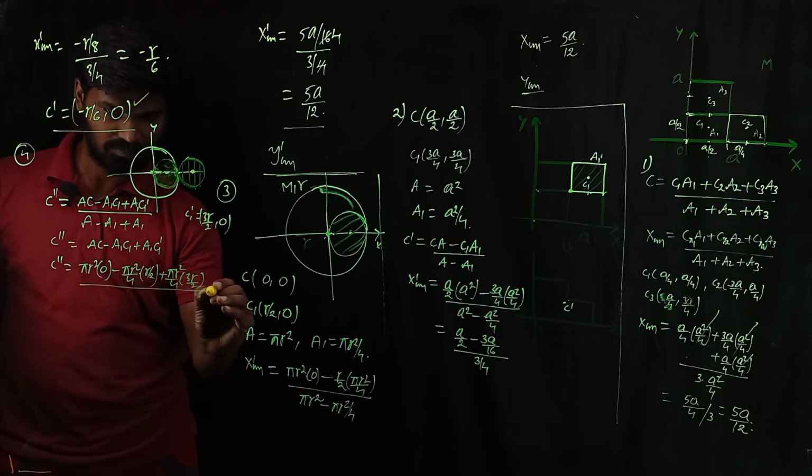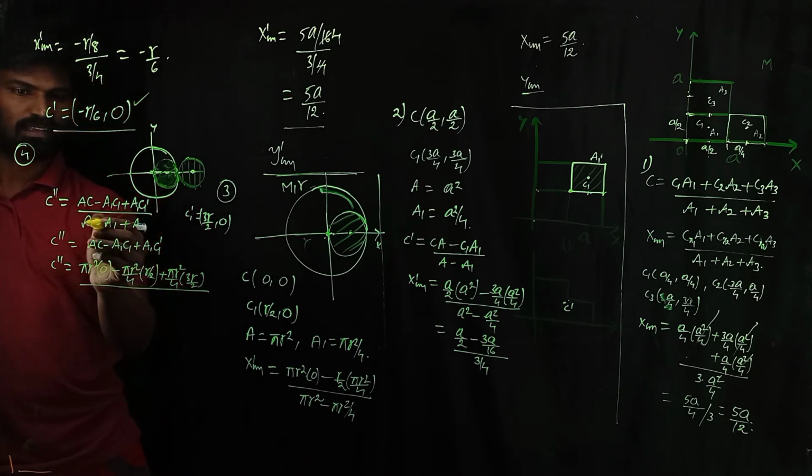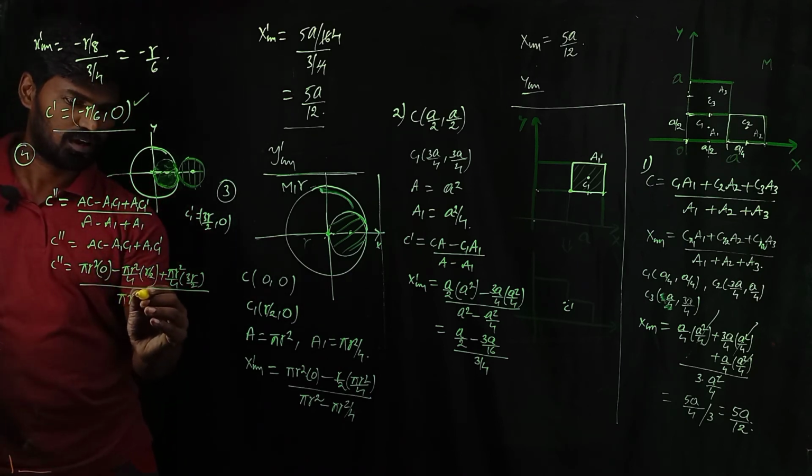Divided by the total area, since minus A1 plus A1 gets cancelled, which is pi r square only.